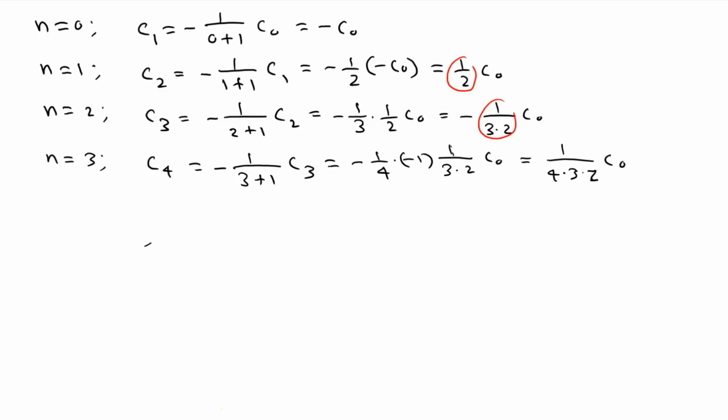So in general, c_n is equal to negative 1 to the n over, in the bottom you can see it is factorial n, times c0.